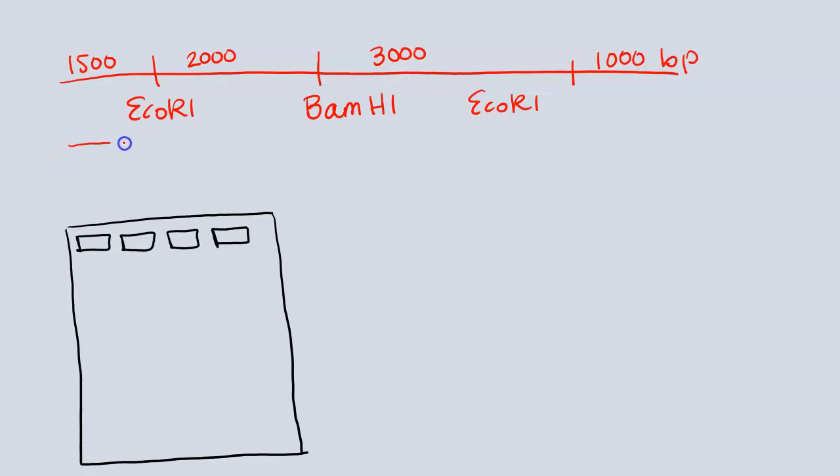We've got a fragment at 1500, 2000, 3000, and 1000. Now in gel electrophoresis, your DNA is going to run from or move from the positive end towards negative end.